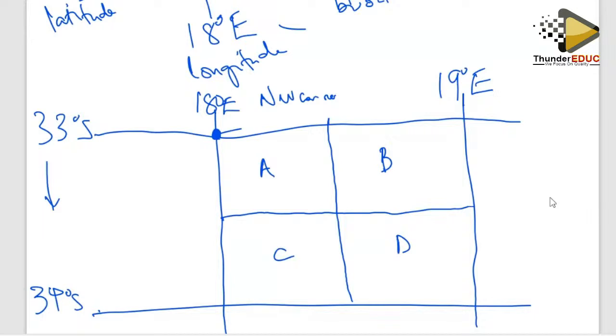So we target block A, and we subdivide it again into 4 equal blocks. My assumption here is those blocks are equal. Between 180 to 90 they are 60-minute lines. We subdivide along the 30-minute line here, and also along the 30-minute line here.